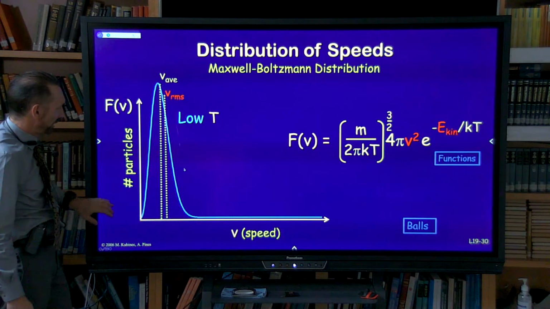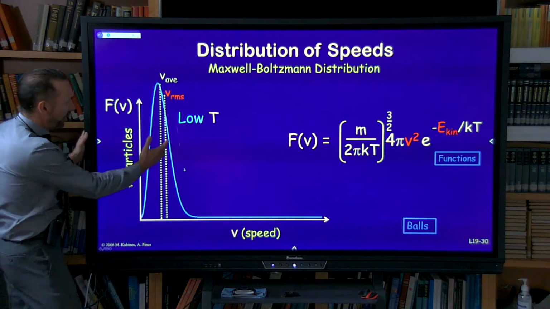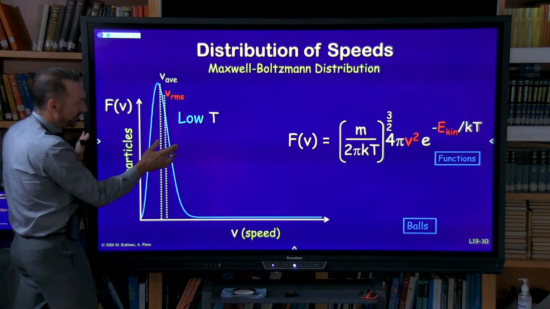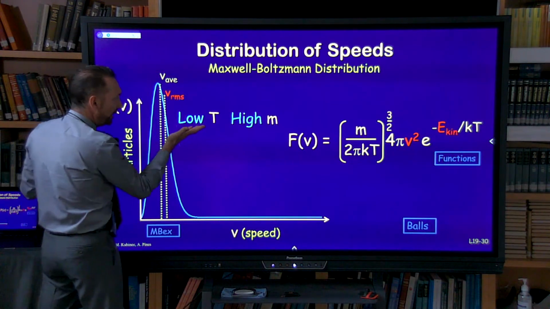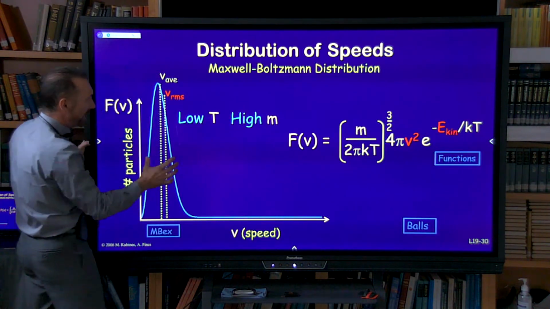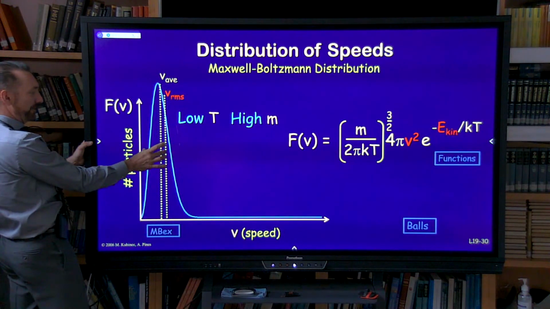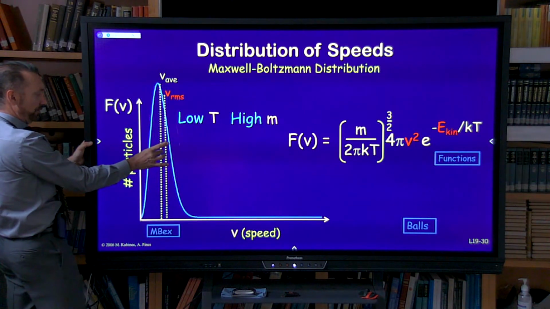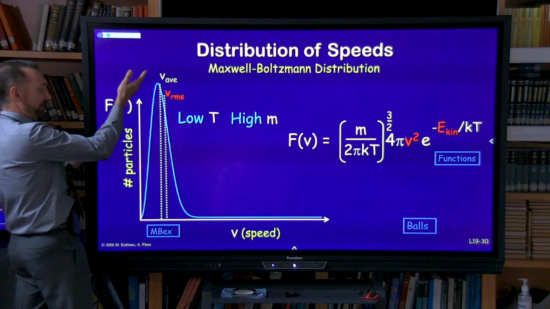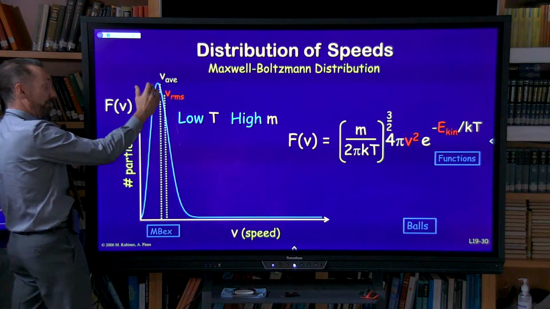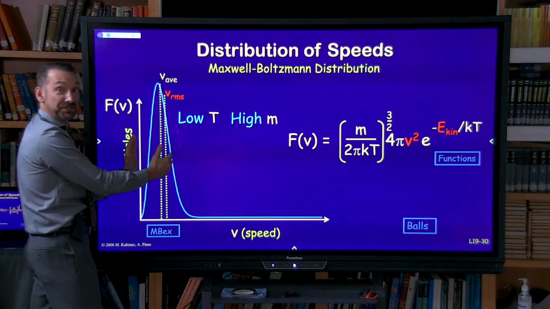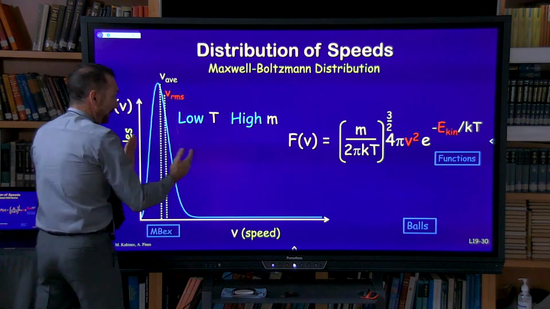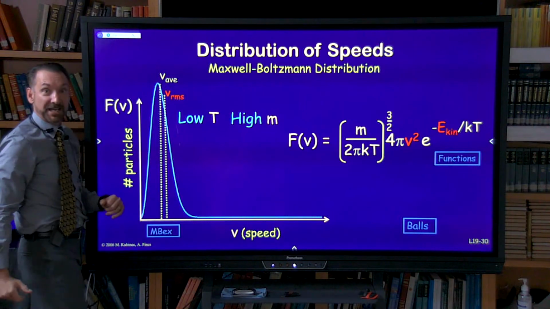They're in your notes. So as we saw, this blue curve represents low temperature and high mass, squeezed together. Those two factors squeeze the curve together. And of course, the amplitude has to increase because the number of particles is the same, so the area under the curve can't change.